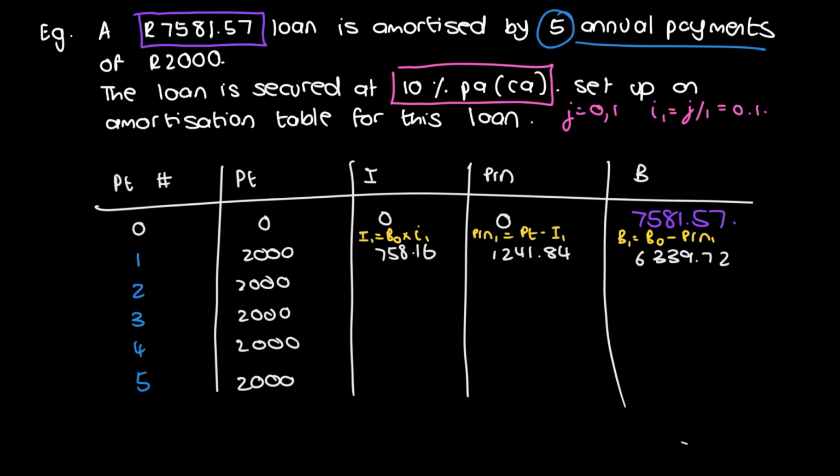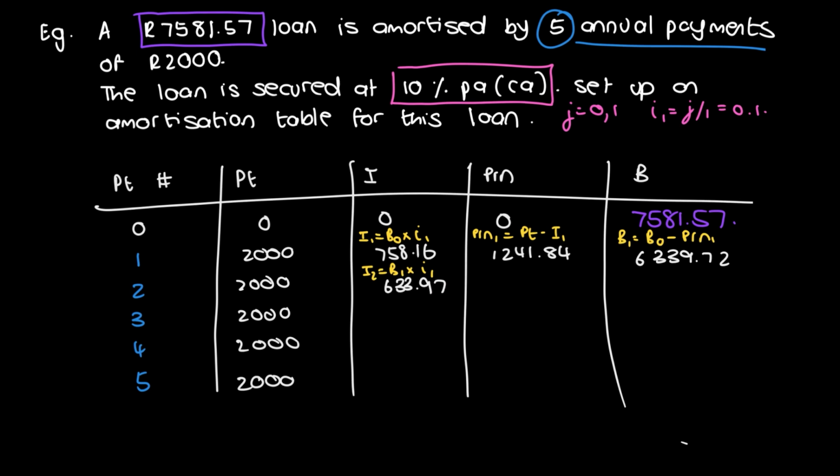So one more time, I'm going to show you the formulas. So we're going to have I2 is equal to B1 times i1. And then we're going to say, okay, B1 is 6339.72 times by 0.1. And that's going to give us a value of 633.97.